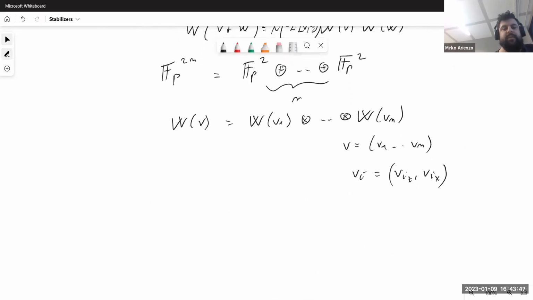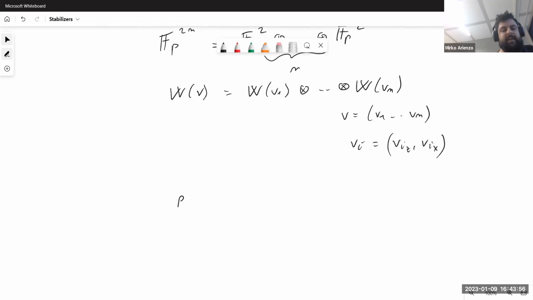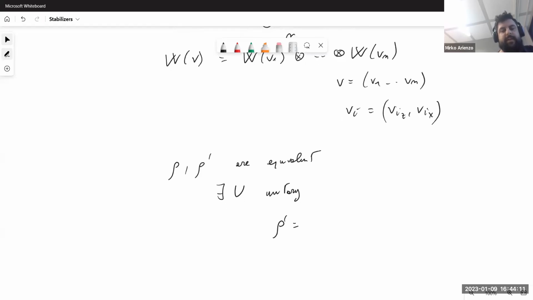So if we want to write formally what the theorem says, if rho and rho prime are equivalent, that means that there exists a unitary operator U such that rho prime is just U rho U dagger.